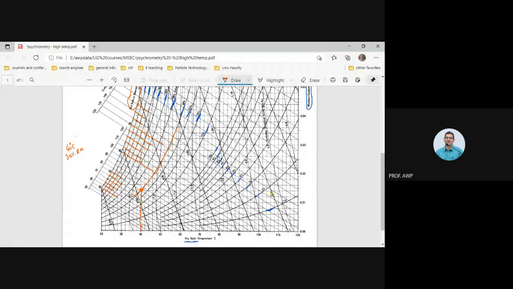If I want the humidity, I will just go to the y-axis and I will find out.